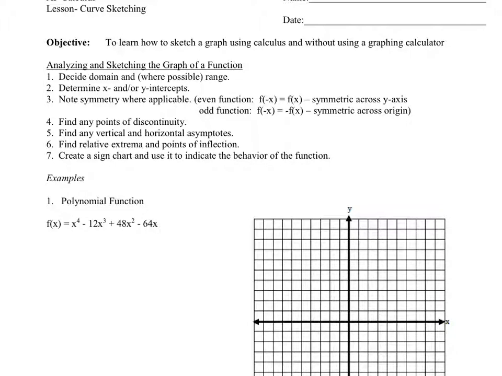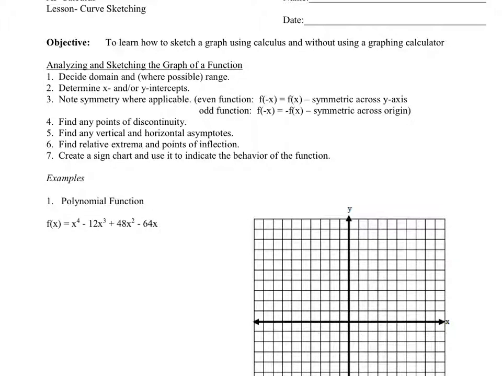All right, so this is the general process, but it's not really anything that you need to memorize because it's just thinking about the characteristics of a graph. What are some things that come into play when you're graphing a function? You have things like asymptotes, intercepts, symmetry, whether it's an odd or an even function would determine that.